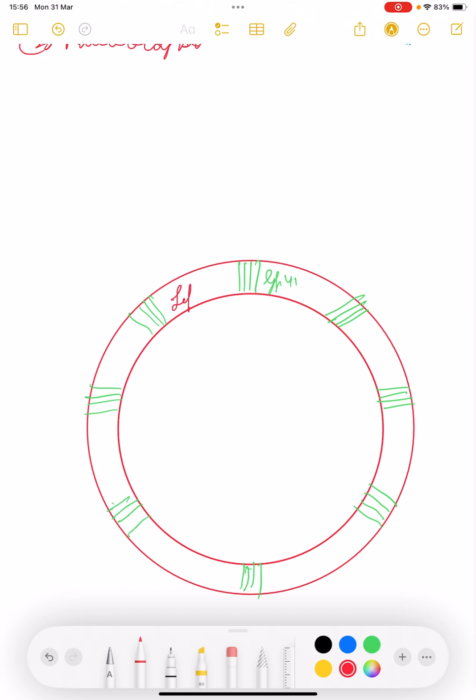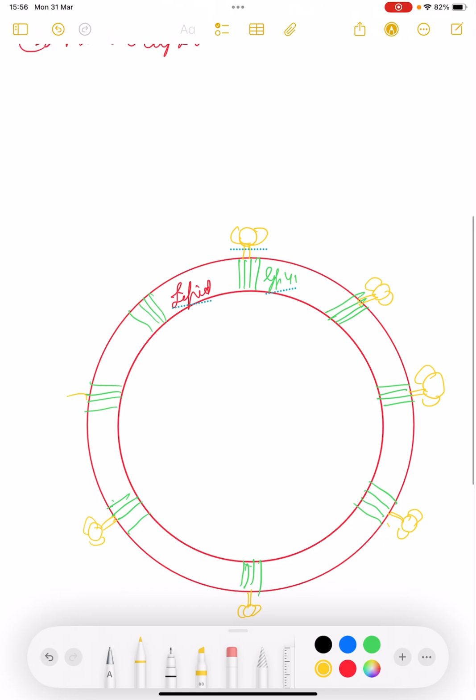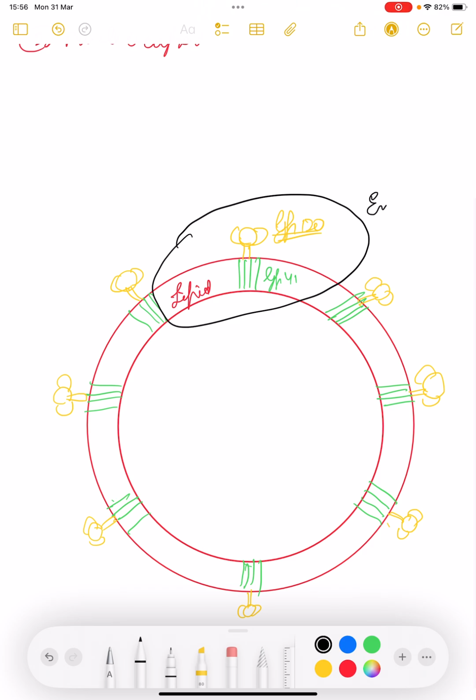This was the lipid layer, and here we have the glycoprotein 120 forming the knob-like structure on the surface. So these three things together form the envelope.